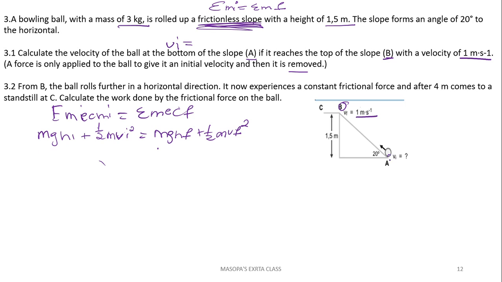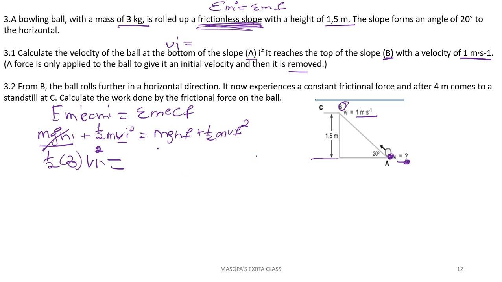Initially at point A the initial height is 0, so we don't have the initial potential energy because the height is 0. So this gives us 0 there. Then we will have the kinetic energy of that initial one, where the mass is 3 and the initial velocity is what we are looking for. Then it equals this much.